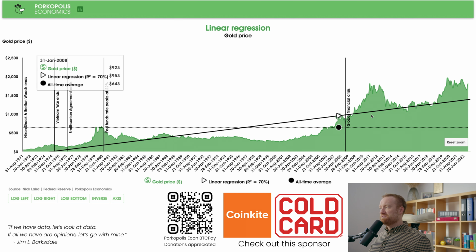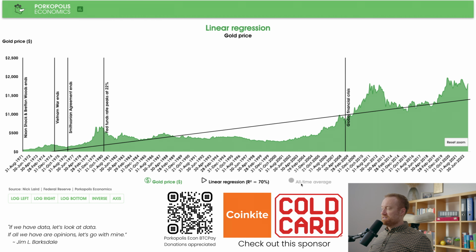And then the final point to say about regressions here with gold is that you just want to do the eye test. Let's take the all-time average out. It definitely follows the data over the long term, and it's always important with these things to have a lot of data. So we have a lot of data, 50 plus years, 617 months of data.